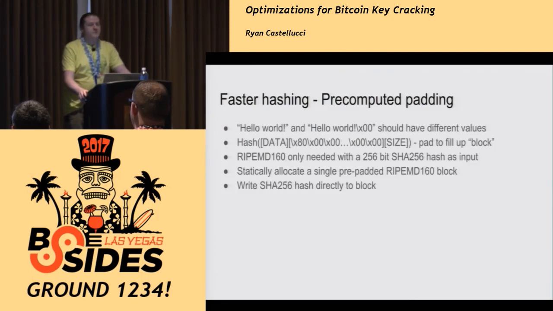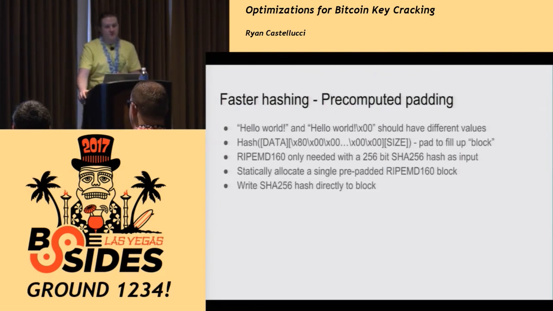So hash padding. Hopefully some of you know how hash padding works, but in short, you have your data, you follow it with a 1 bit and a bunch of 0 bits, and then the length of the input of the hash. This is so that if you have two similar values that differ only in that they have a bunch of nulls at the end of them, you get different hash values.